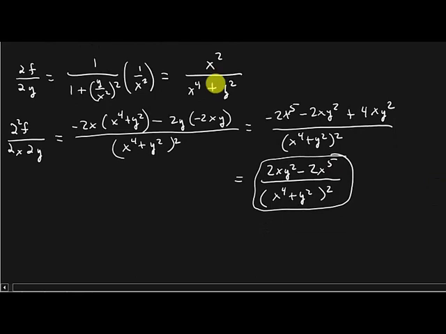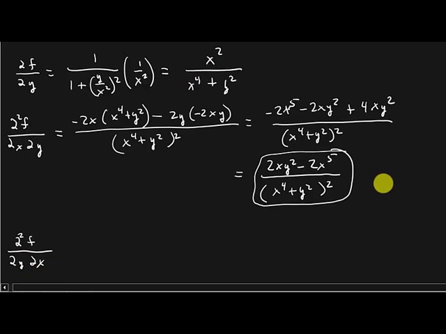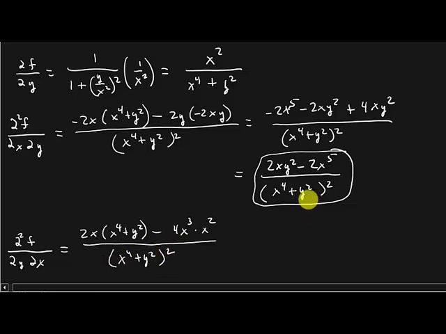And then we have to take the partial of this. So now I've got the second partial of f with respect to y and then with respect to x. So I've got to do the partial of that. So that is quotient rule. So the derivative of the numerator, which is 2x, times the denominator, minus the derivative of the denominator, 4x cubed, times the numerator, x squared, all over x to the 4th plus y squared, squared.